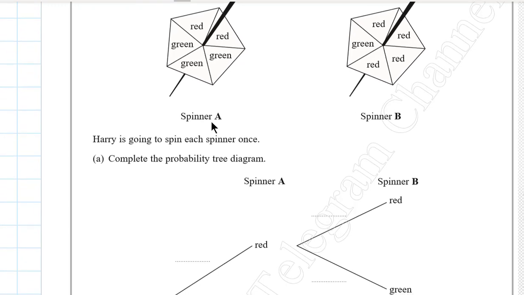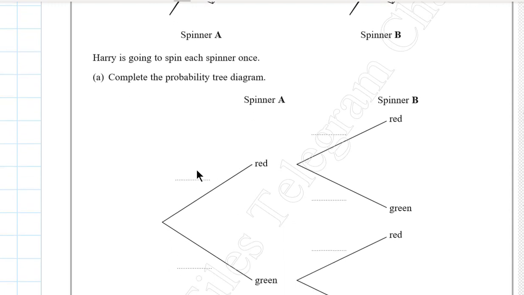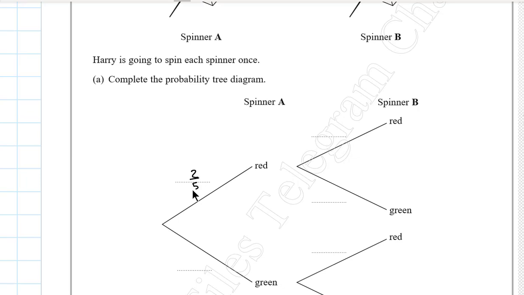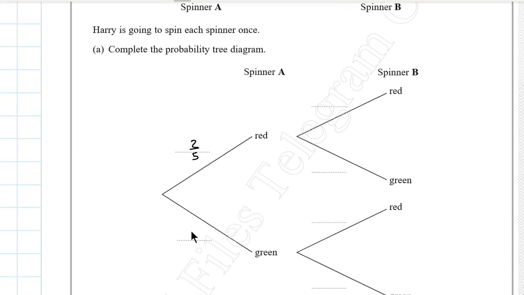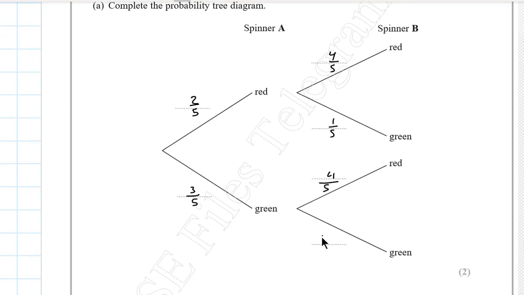For spinner A, for the red the probability is 2 out of 5, it's very easy, and then the green should be 3 out of 5. For spinner B, for the red we have 4 out of 5, and here 1 over 5, and here also 4 over 5, and here 1 over 5.